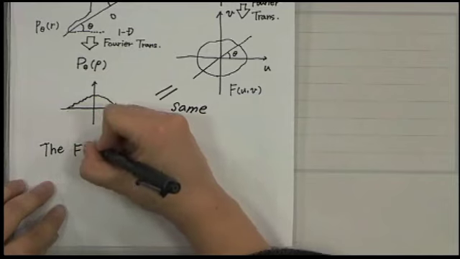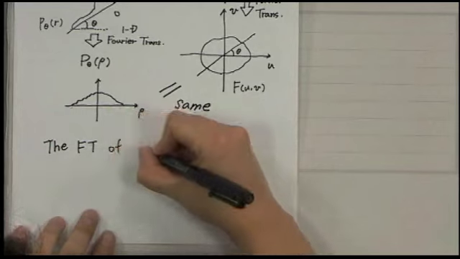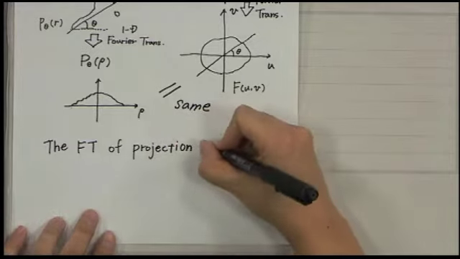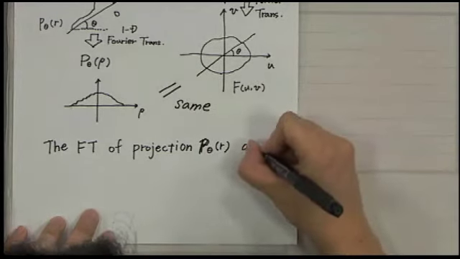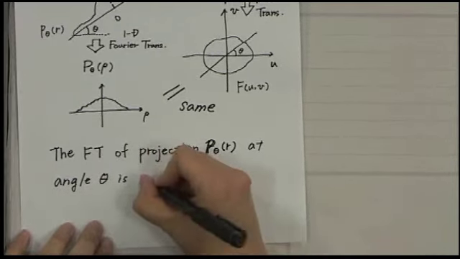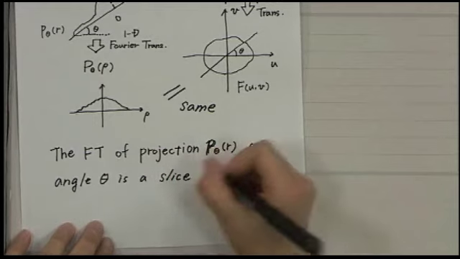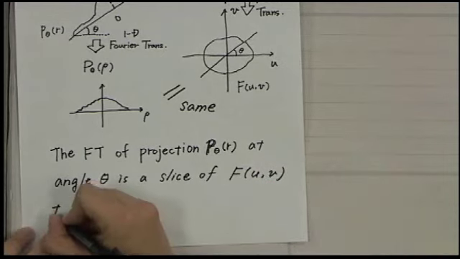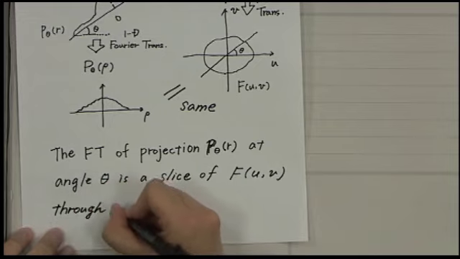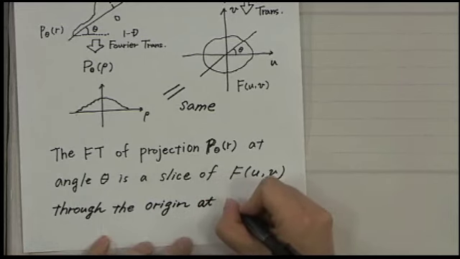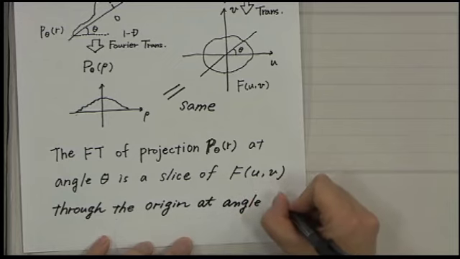The Fourier transform of the projection p theta, sorry, this is small p, at angle theta is a slice of F U V through the origin at angle theta.